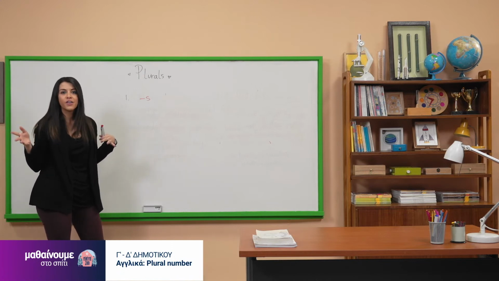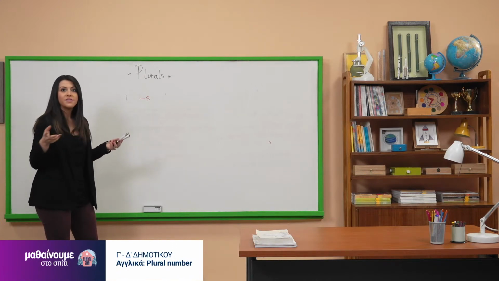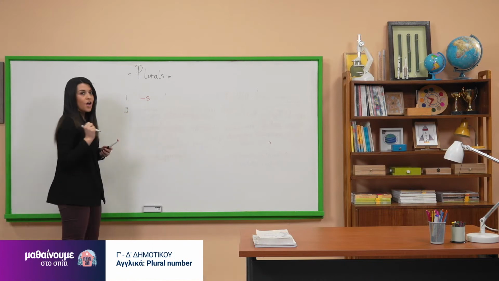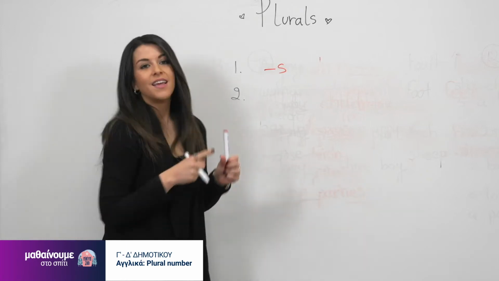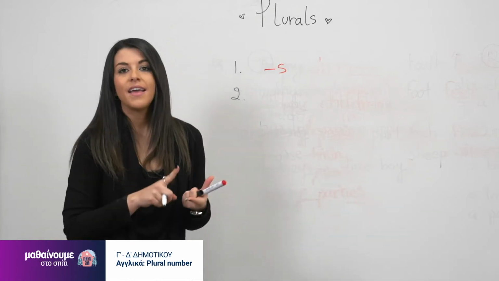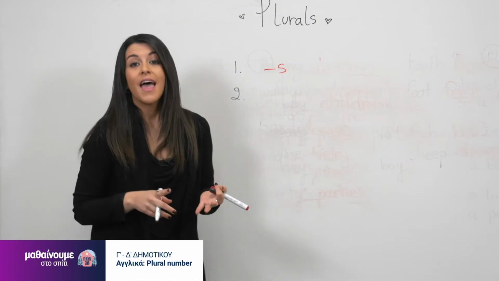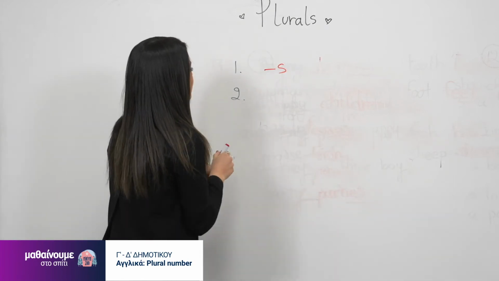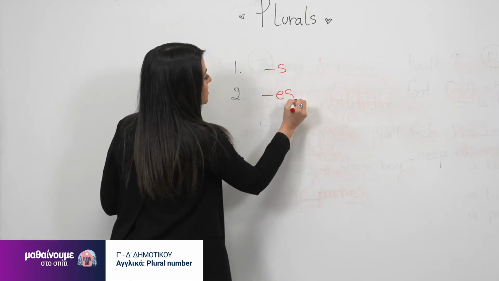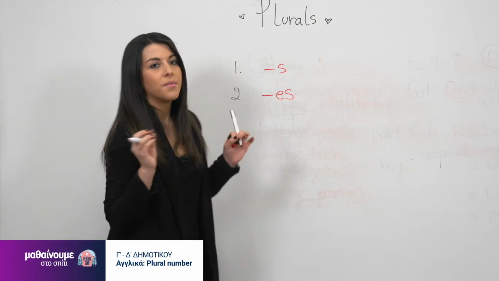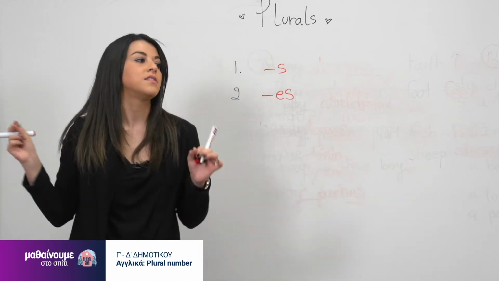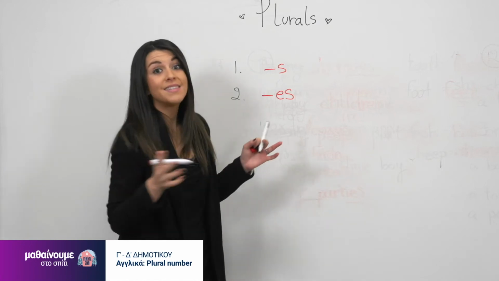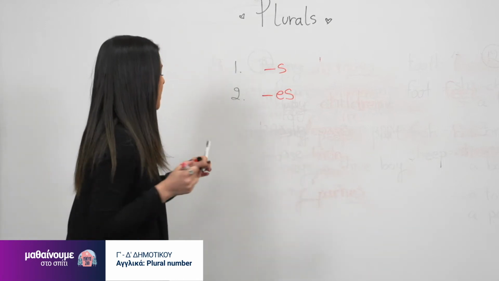Pen, pens, marker, markers, board, boards, table, tables, etc. Number two. When we have S in the end, SH, CH, X, and O sometimes, we put ES in the end. Box, boxes, fox, foxes, potato, potatoes, brush, brushes. So dress, dresses, right? There are many words.